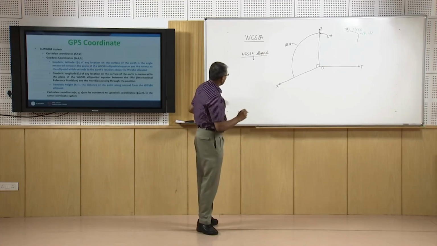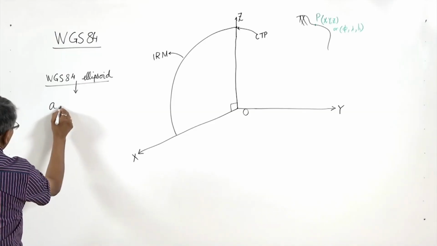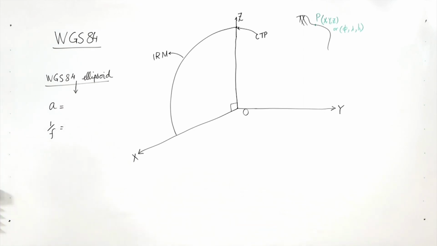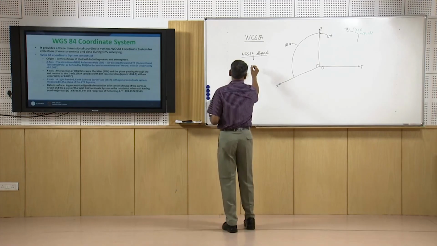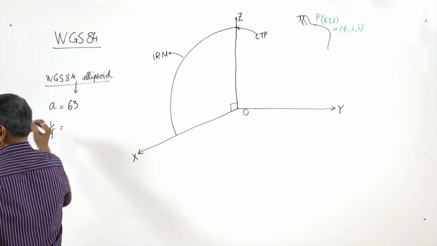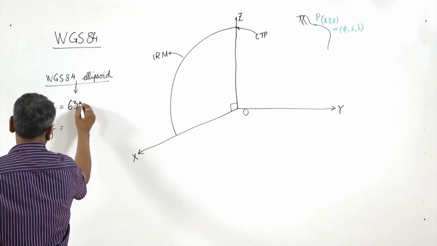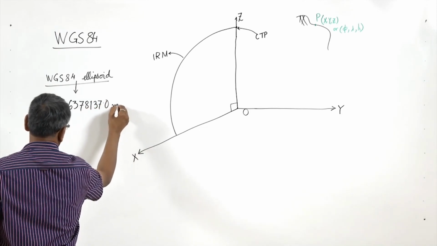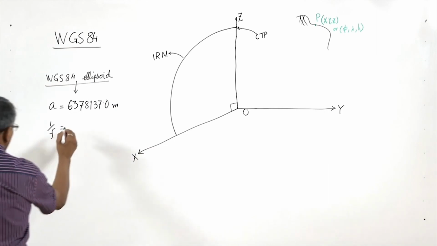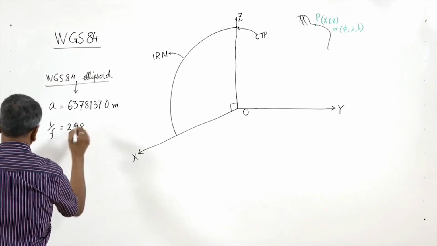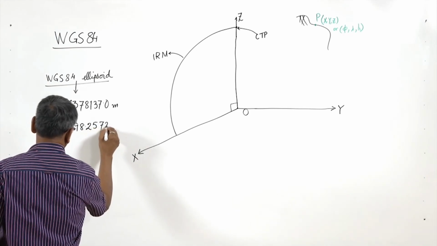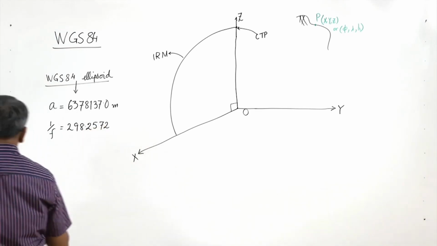Ellipsoid means it is an ellipse having semi-major axis a, for which we have the value 6378137 meter, and flattening 1 by f equal to 298.257223563.